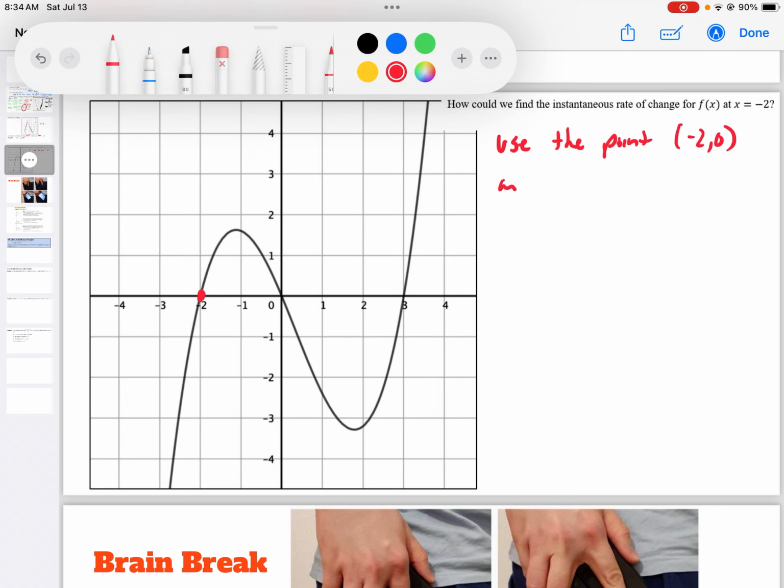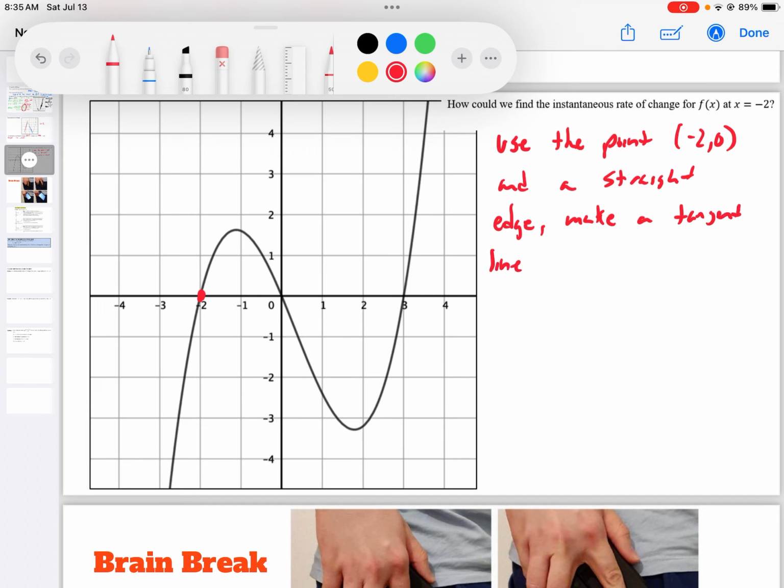So I'm going to write it out. If you want to write this down, you can. You don't have to. Use the point -2, 0, and a straight edge, like a ruler, or just any straight edge that you have.